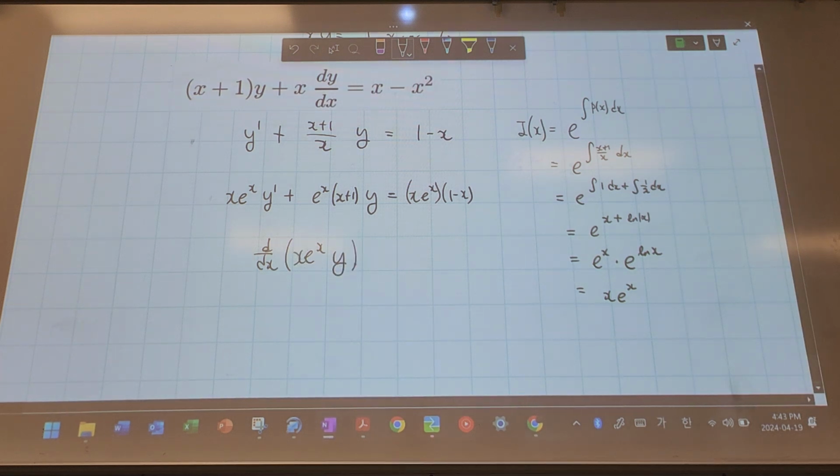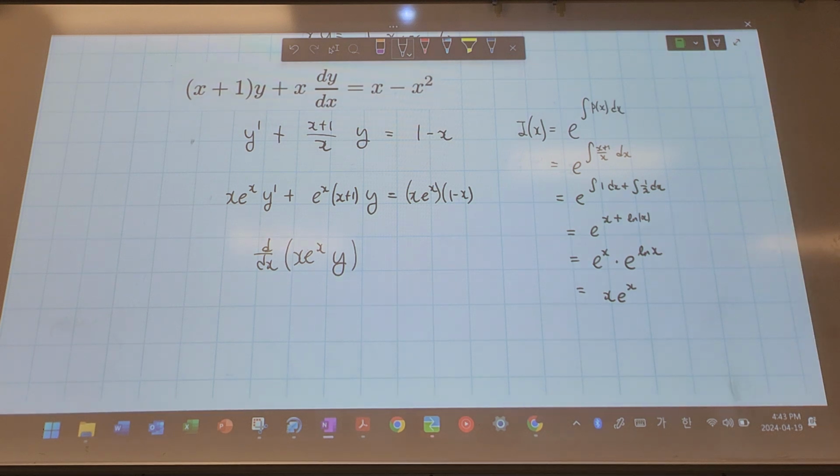Yeah, I think so. But then wouldn't you want to do the product rule of x e to the power of x? Because if it's just a straightforward product rule, the part that's multiplied with y prime is going to be just x.